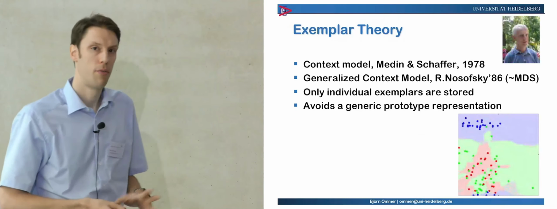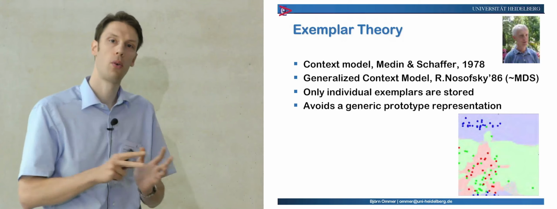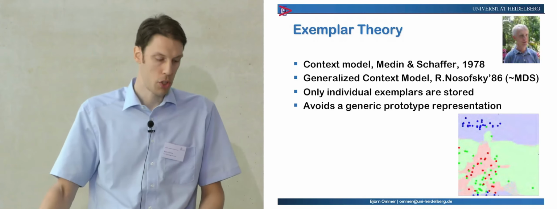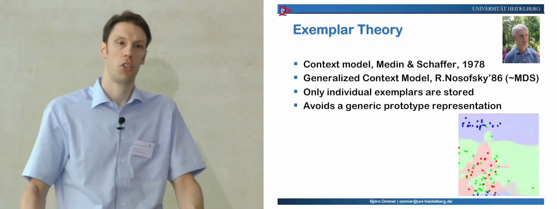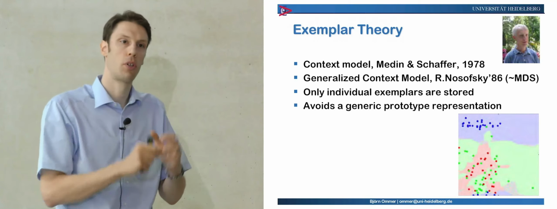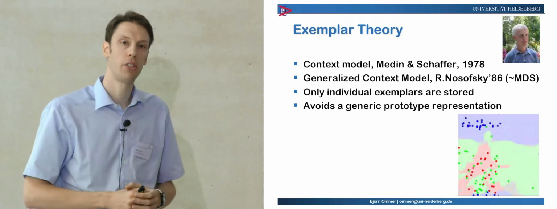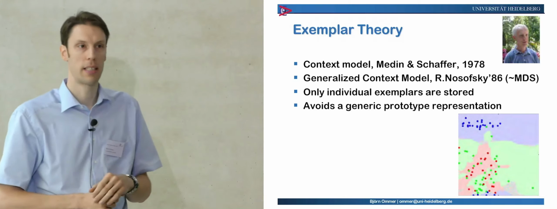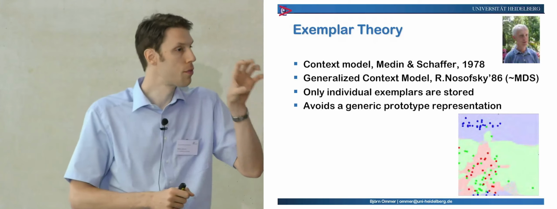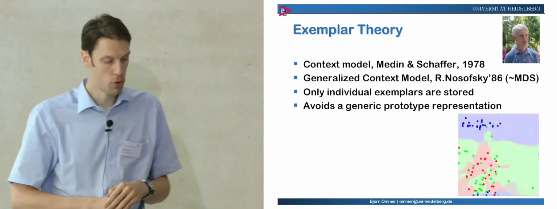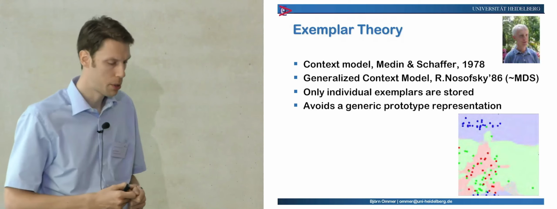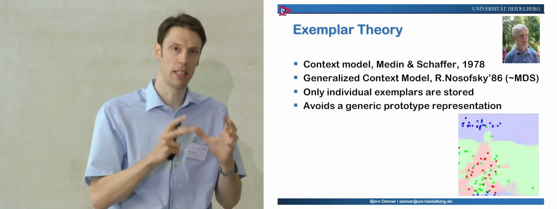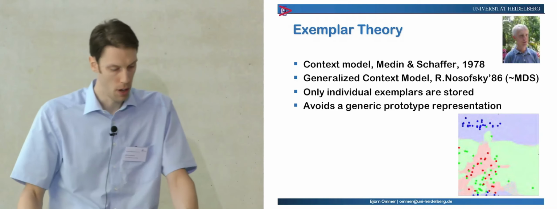And so a few years later, there was an opposing stream in psychology called exemplar theory, which advocated not going for a single average representation of a category, but rather going for a lot of individual exemplars. So to speak, you go for all of these extreme cases, memorize them, a little bit like a nearest neighbor classifier, and at any rate, you try to avoid a single generic abstraction of a category.